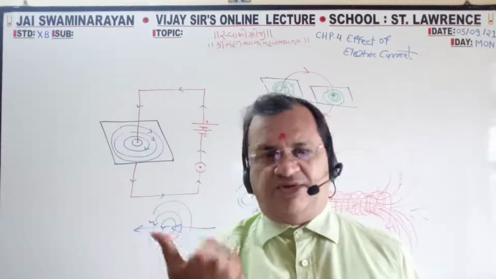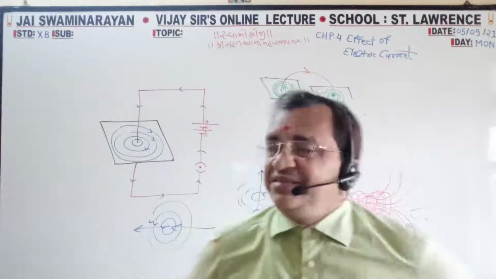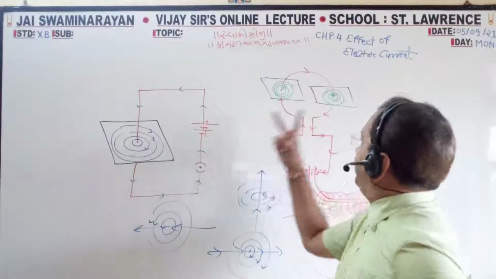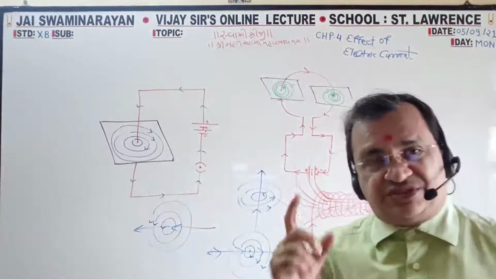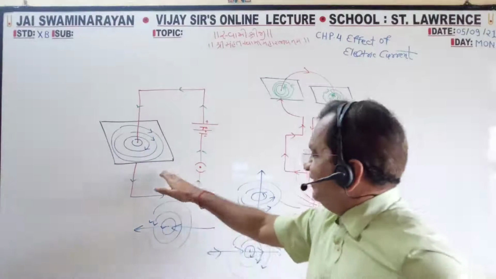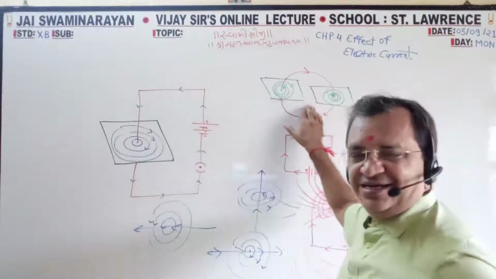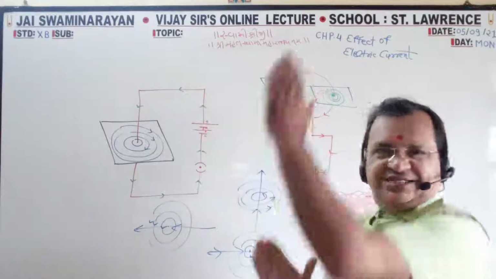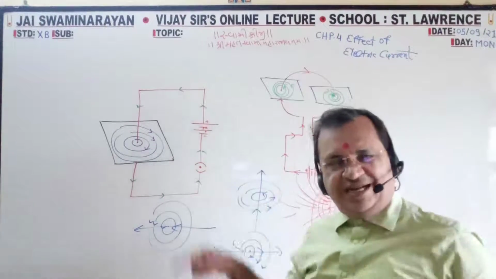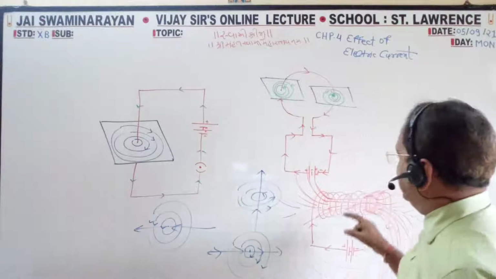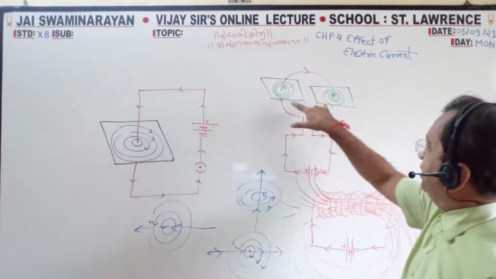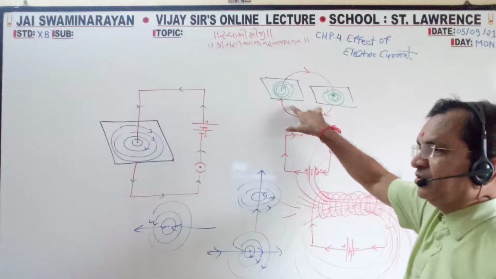Electric current, magnetic field. Then by point 1, point 2 in a loop we have seen, whatever is done here, the same is done here two times, but the direction is opposite. From point 1 to point 2 in a loop.